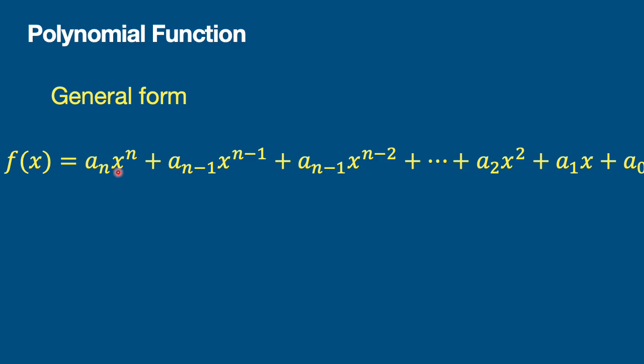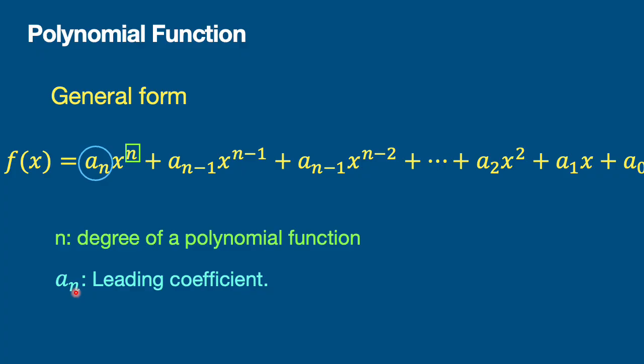Especially, you have to pay attention to the highest power. Here it is n, that's the degree of the polynomial, the highest number in the power. a_n is the leading coefficient. We say a_n x^n together is the leading term of the polynomial function. Pay attention to the degree and the leading coefficient.